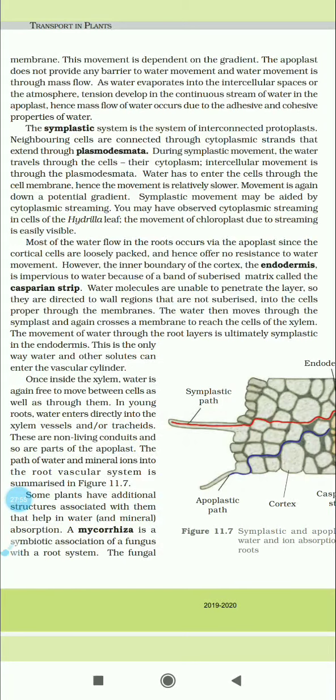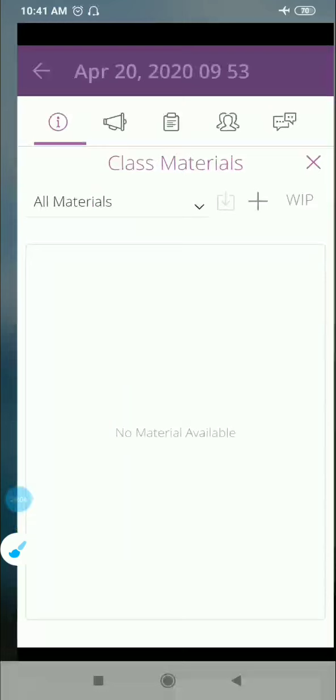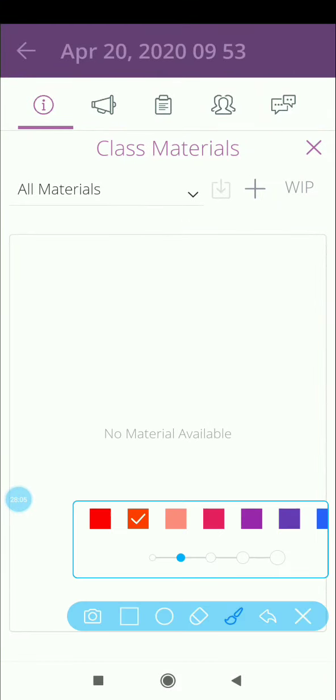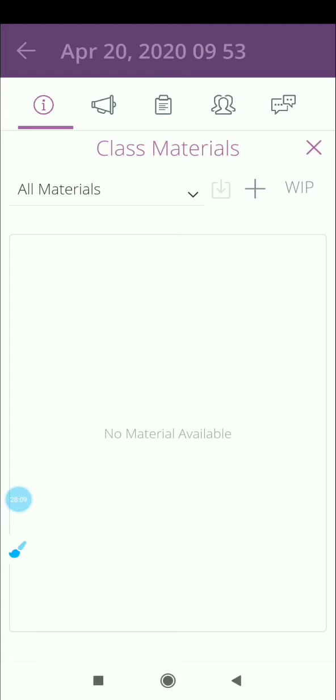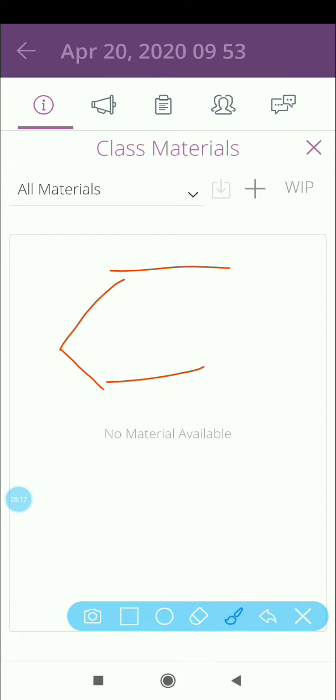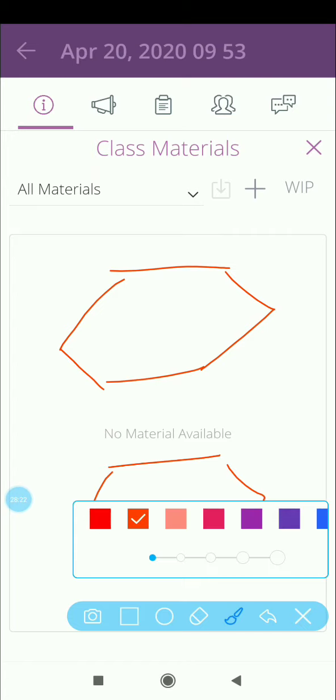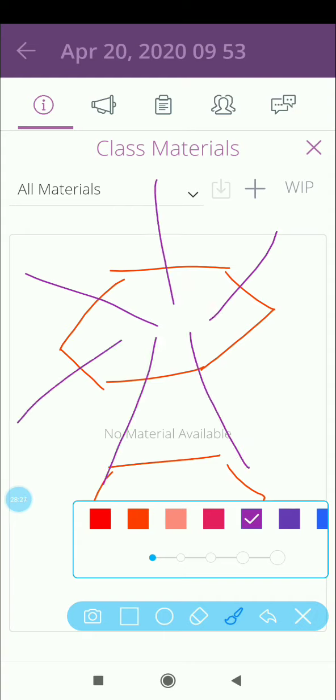Now they have also explained one more thing, that the cells are in contact with plasmodesmata. I'll just explain what plasmodesmata is. If you remember the cell chapter, I also discussed this. Let's assume this is a plant cell, and this is another plant cell. These plant cells are in contact with one another through cytoplasmic strands, which traverse through the cell wall, because this part, as you see, is a cell wall.